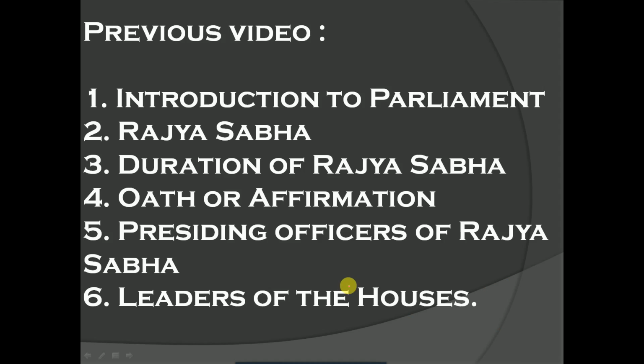In my previous video, these are the contents that I have discussed. Introduction to Parliament, where we answered some of the questions like what is Parliament, why do we need a Parliament, why do we need two houses of Parliament, structure of Parliament, and then Rajya Sabha, its composition, representation from states, union territories, and then discussed duration of Rajya Sabha, oath taking or affirmation, presiding officers of Rajya Sabha, where we have chairman, deputy chairman, panel of vice chairpersons, secretariat of Parliament, and then lastly leaders of the houses like leader of the house, leader of the opposition, and whip.